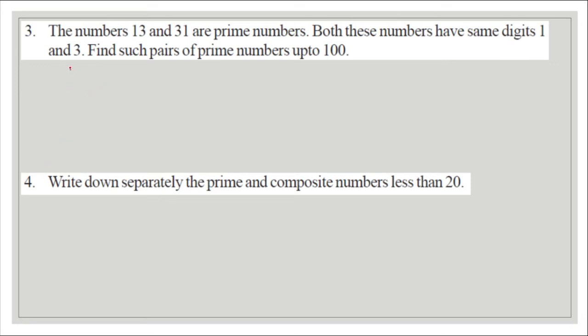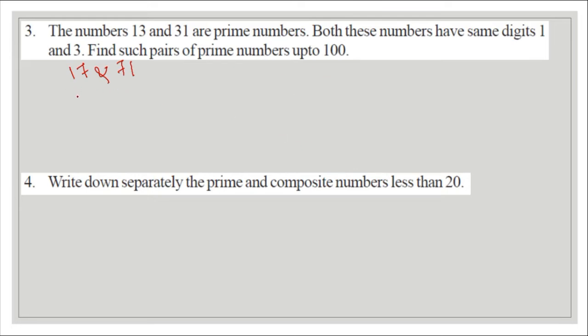We shall see question number 3. For the third question, we have to find combinations of the numbers between 1 to 100 such that the pairs are like 13 and 31, that is, the digits are interchanged.